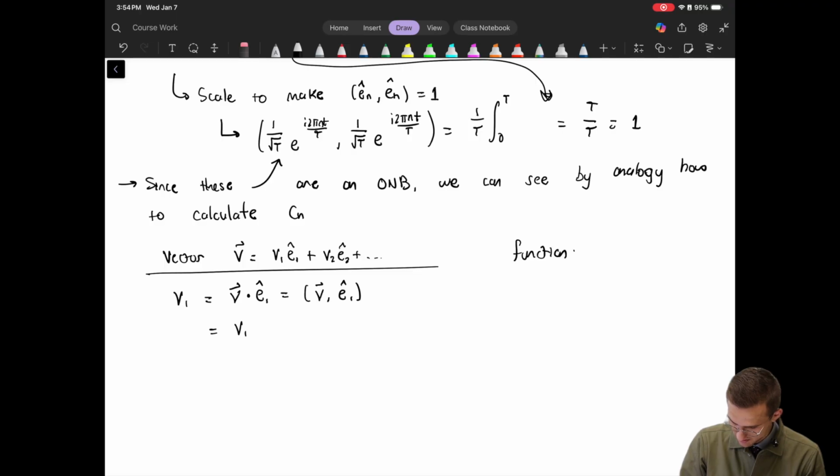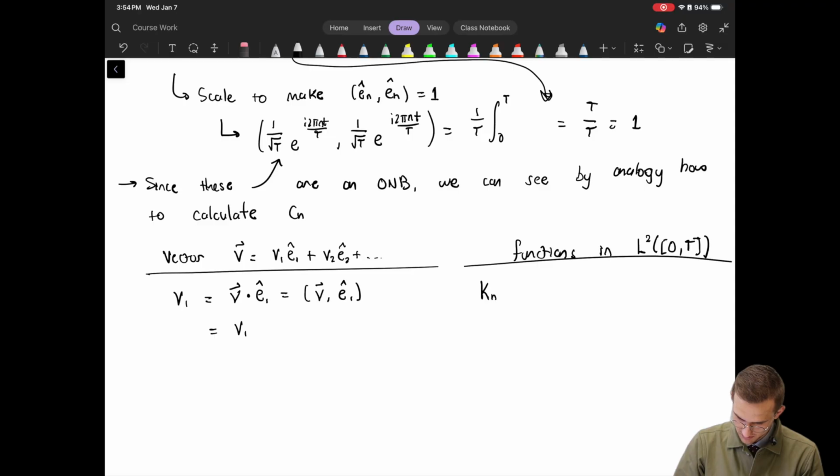So for functions in L2 on the interval from 0 to t, I keep on saying 0 to 1 there, these functions can be written as the sum from n equals minus infinity to infinity of cn e to the I 2 pi nt over t, and then cn itself is equal to kn over the square root of t.